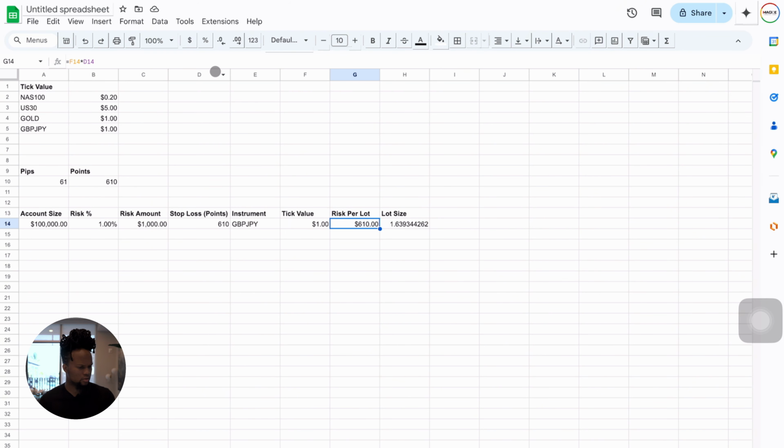But let me check something real quick on this pair, GBP JPY, to ensure that I gave you the correct value for the tick value. So I'm looking at this and it's actually not showing right now. So let me just adjust this so that it is correct.